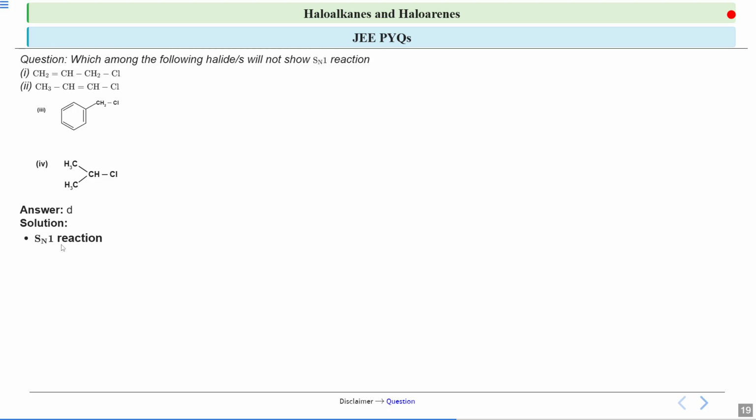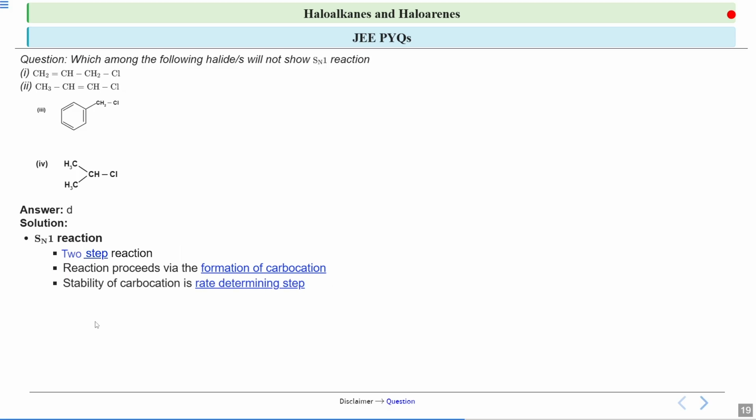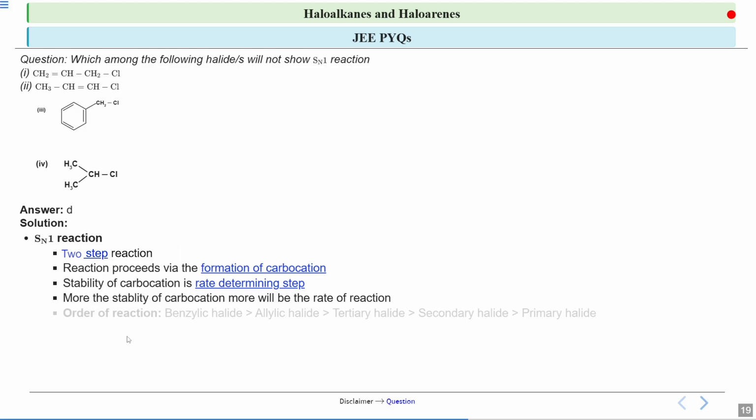Let's talk about the SN1 reaction first, because we are asking which will not show SN1 reaction. SN1 is a two-step reaction, and it proceeds via the formation of a carbocation, which happens in the first step, which is the slow step, the rate determining step. So the stability of the carbocation is the rate determining factor in the SN1 reaction. That means the more stable the carbocation, the higher the rate of your reaction.